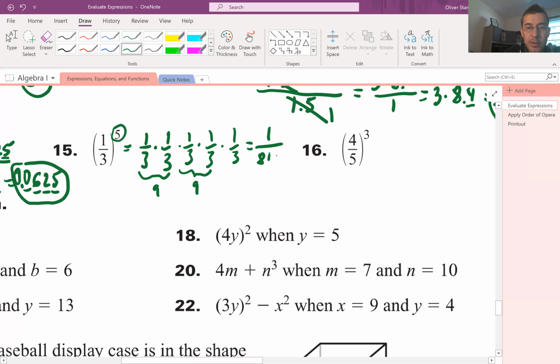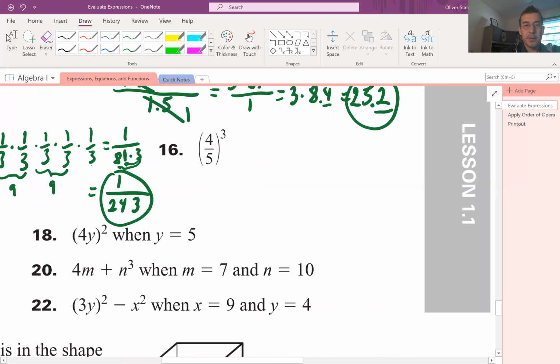So this becomes 81 times this last 3 here. Right? So this is the same as 1 over 3 times 1 is 3. And then 3 times 1, and then 3 times 8. So 3 times 8 is 24. So the answer is 1 over 243. Okay, that's the answer for 15.